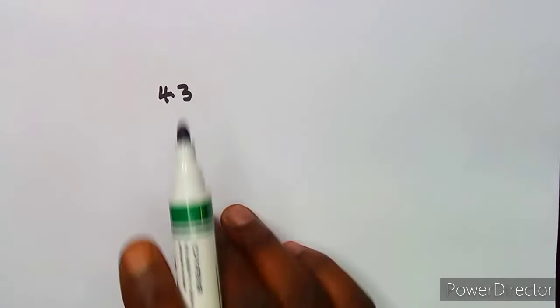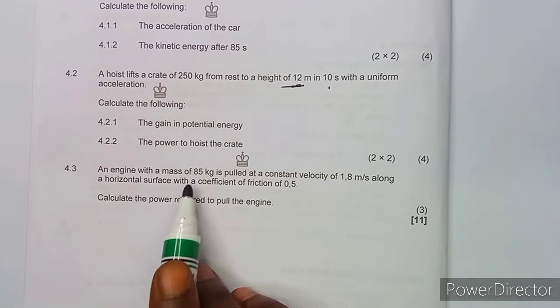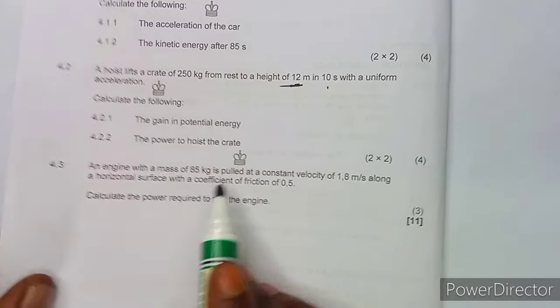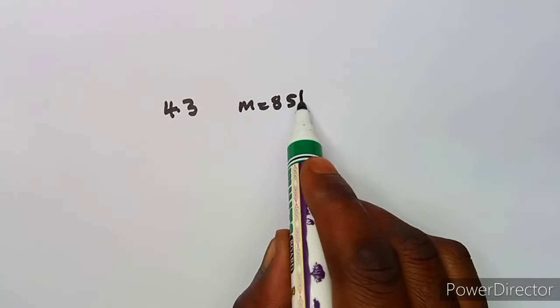What are we given on 4.3? We are given first a mass of 85 kgs.